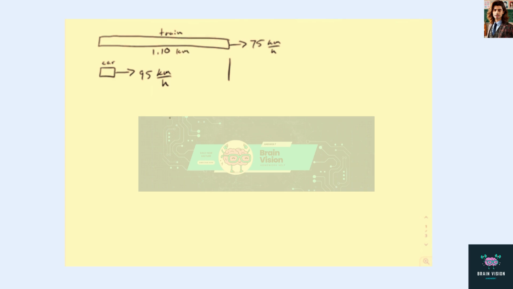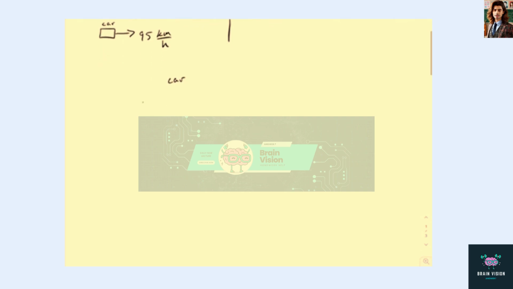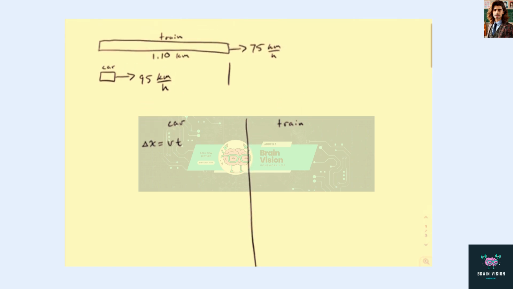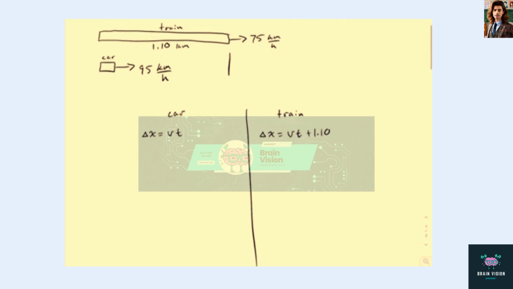So we can say for the car, our horizontal displacement is just vt, because there's no acceleration, so it's just velocity times time. And then for the train, we want the delta x to be, again, vt, but then we're going to add on 1.1 kilometers because the car is going to go 1.1 kilometers more than the train.